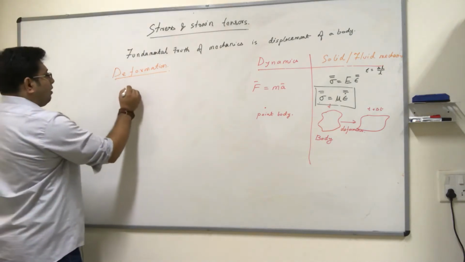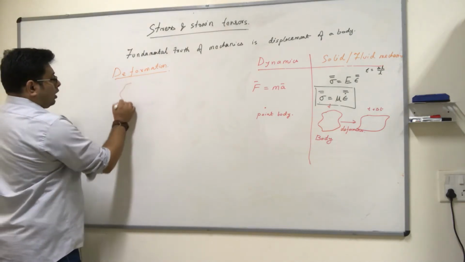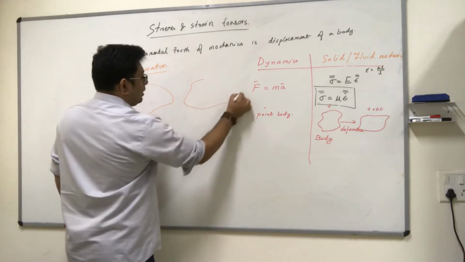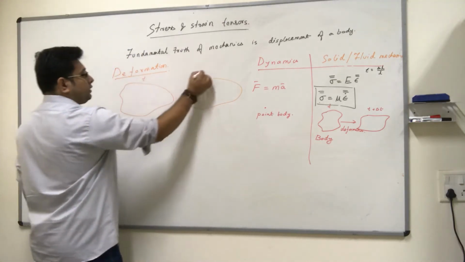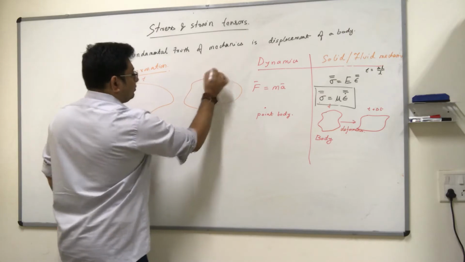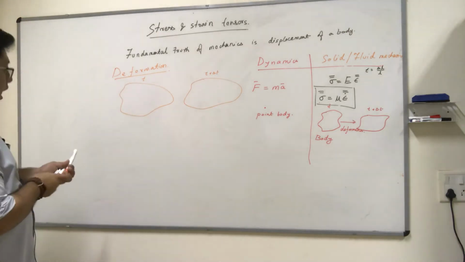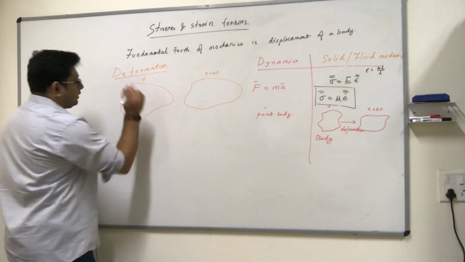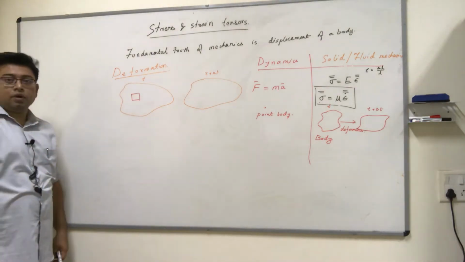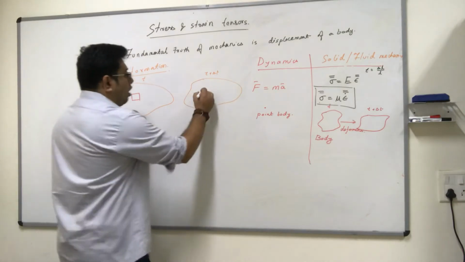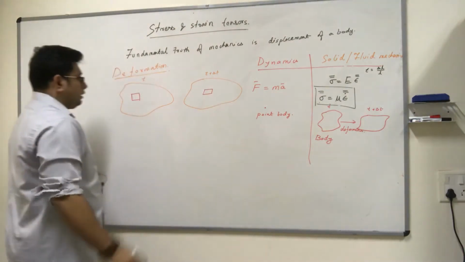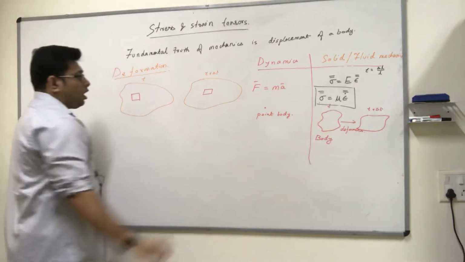You have a body, and you have this body at a different time. This is at time t, this is t plus delta t, and we have this small window in here. Let's say this is a packet of particles, and now here it has changed. It has undergone some deformation.